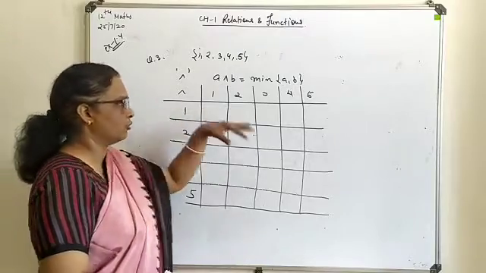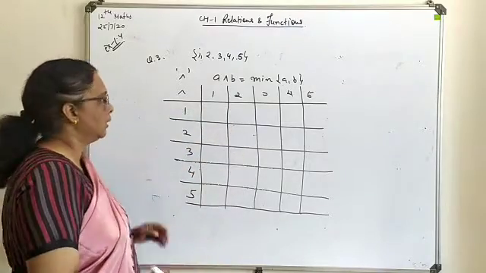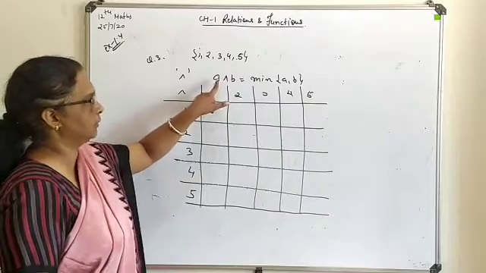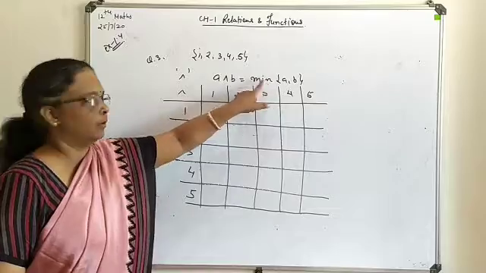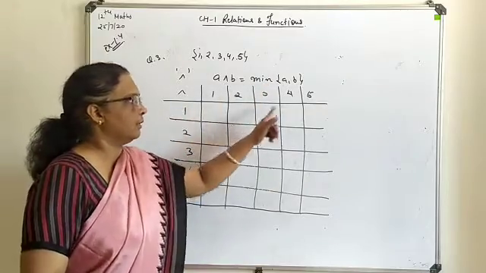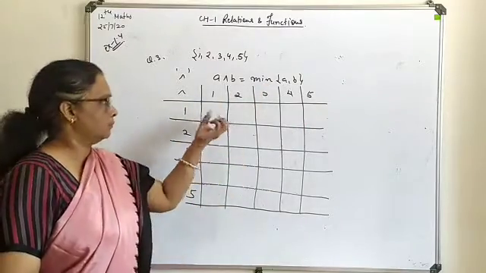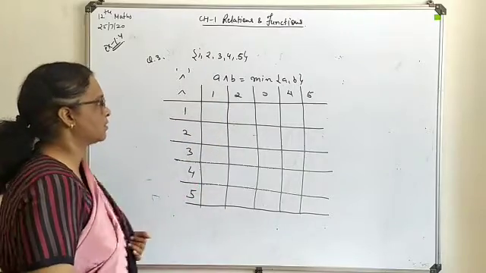Now how to fill all these blocks? Here the criteria we will use is, between A and B, the minimum value you get as the answer is to be written in each individual square.